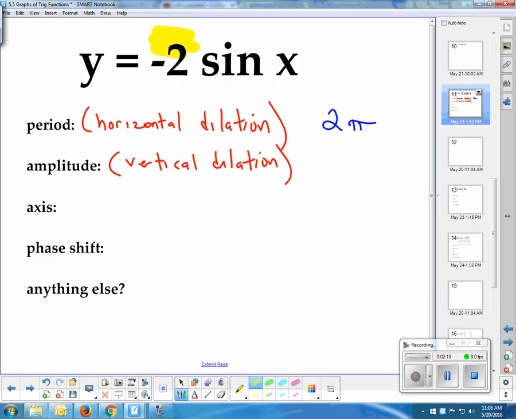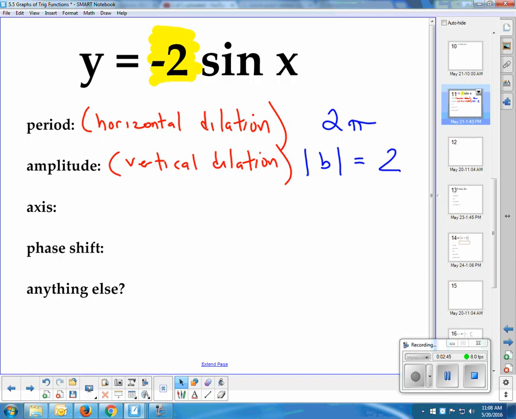We see a -2 out in front. The amplitude of the wave, its formula is the absolute value of b. So in this case, it's going to be 2. So the graph is going to have an amplitude of 2. Now that's half of its height, so the graph will have a total height of 4.